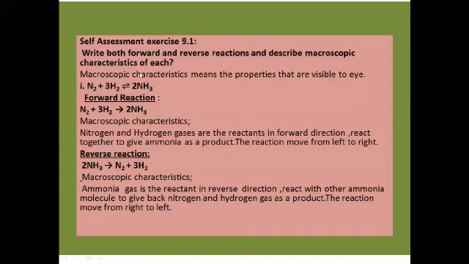If you look at this reversible reaction, the forward reaction moves from left to right, and the reverse reaction moves from right to left. For this left to right and right to left, you have to consider the main reaction, which has double arrows. The double arrows show that the reaction is reversible.